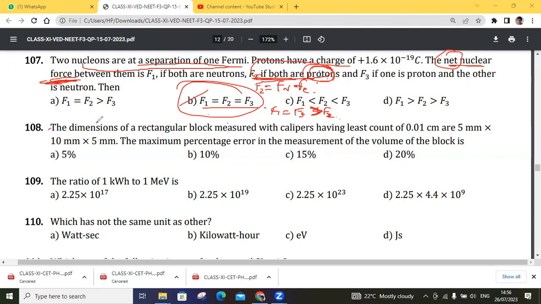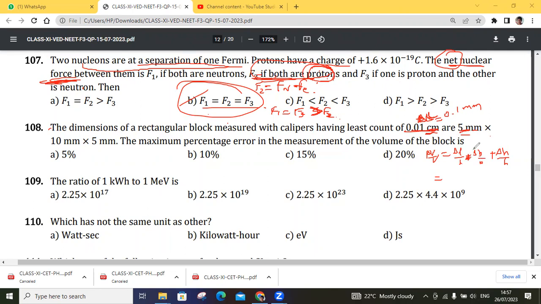Then 108. The dimensions of a rectangular block are measured with calipers having a given least count. Find the maximum error in volume. So length, breadth, and height. This delta L is the maximum possible error. Now for volume, delta V by V is equal to delta L by L plus delta B by B plus delta H by H. And delta L, delta B, delta H are all the same, 0.01 centimeter, which is 0.1 mm.